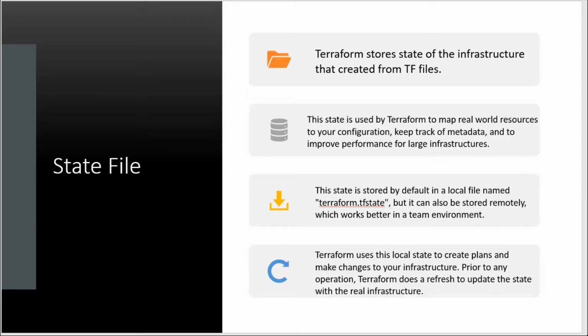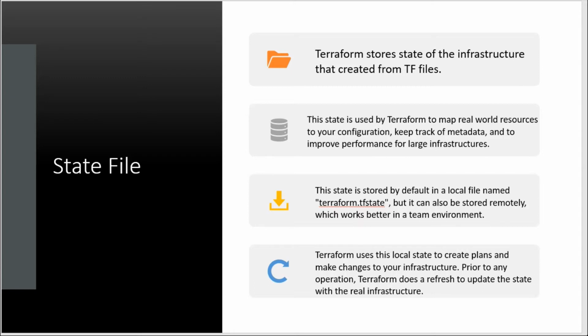That is, whatever resources are running live will be refreshed if you apply refresh, or if you do any plan activity, then you will be able to understand the actual state of the resources available in this current directory of Terraform files. This is basically to track the record of our metadata and to improve performance for large infrastructures.